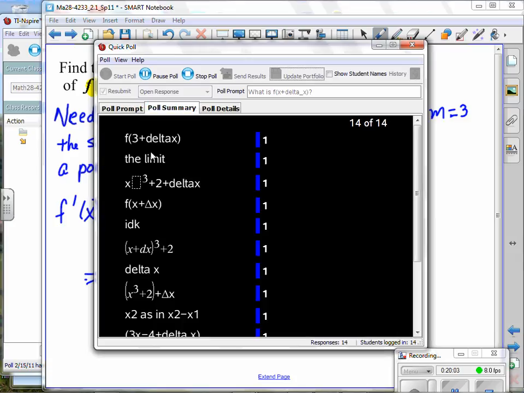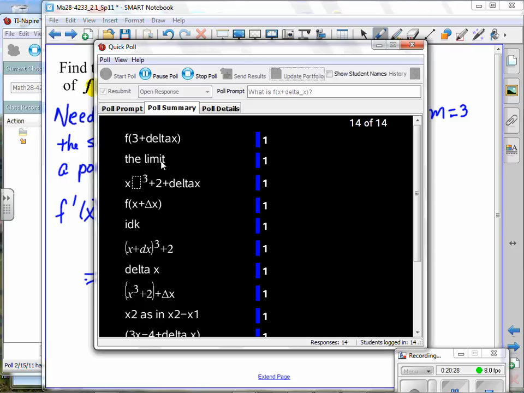Let's take a look at this. No, I gave you f of x plus delta x, but I didn't want the f there. What's the 3? 3 is the slope. 3 is the result of taking the limit as delta x goes to 0 of that slope. So we don't want the 3 in there. Well, I know it's the limit, but it's not truly the limit.